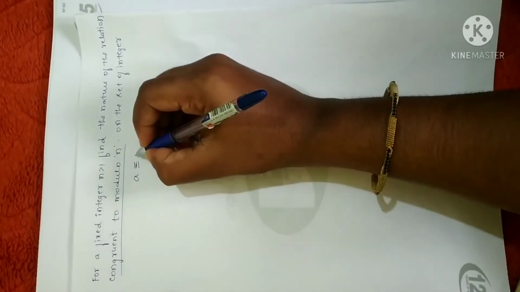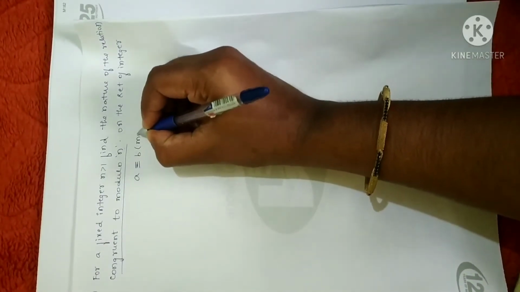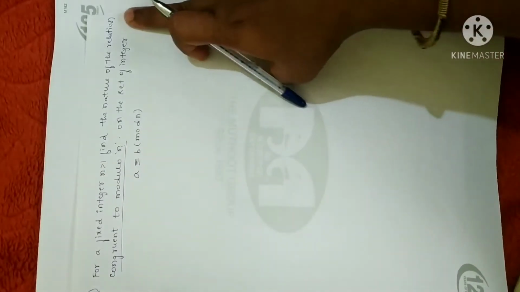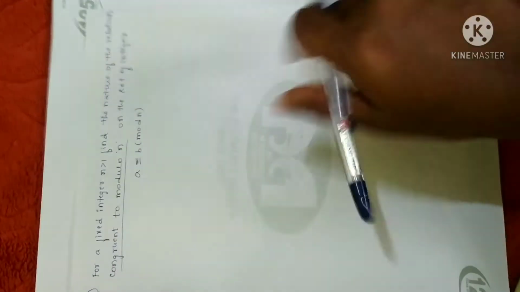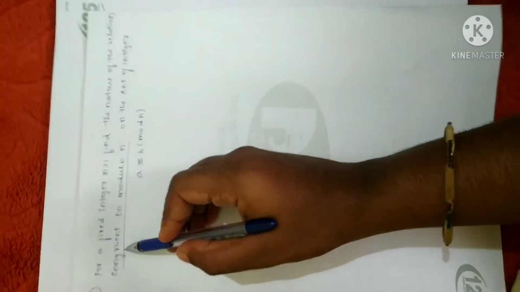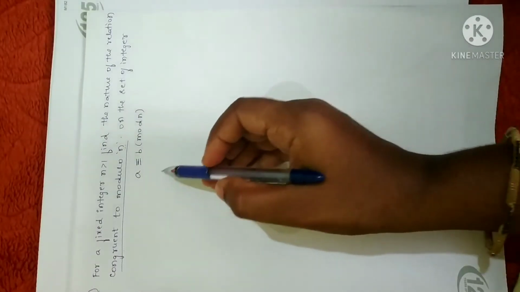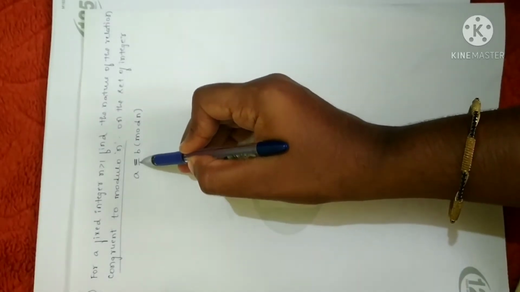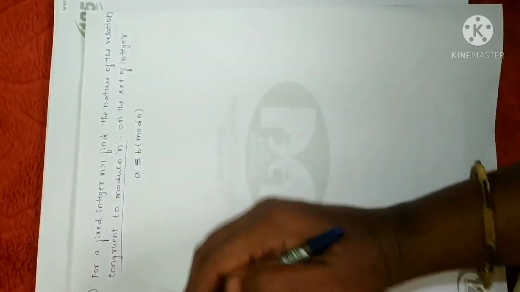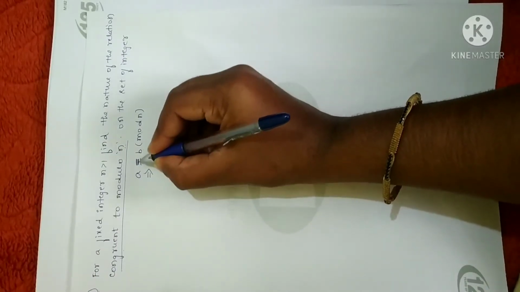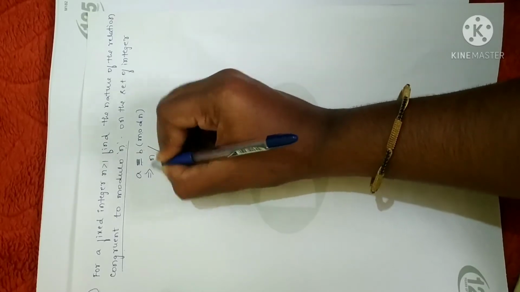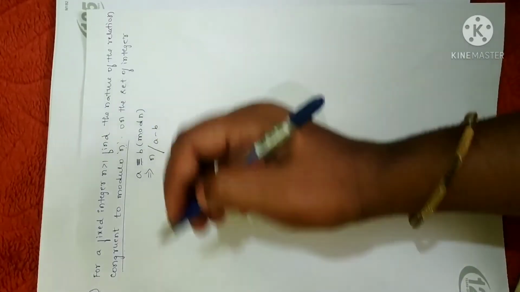Before solving the problem, I am discussing the basics. As per the definition of congruency, I can write this as n divides A minus B.